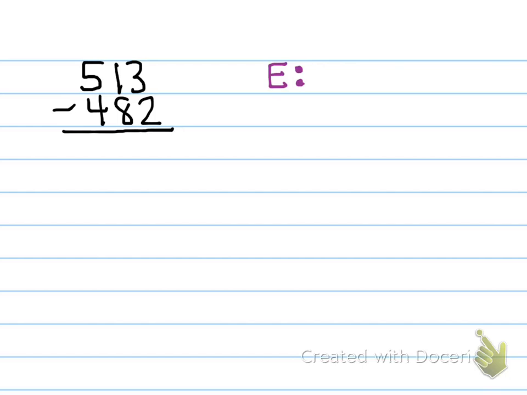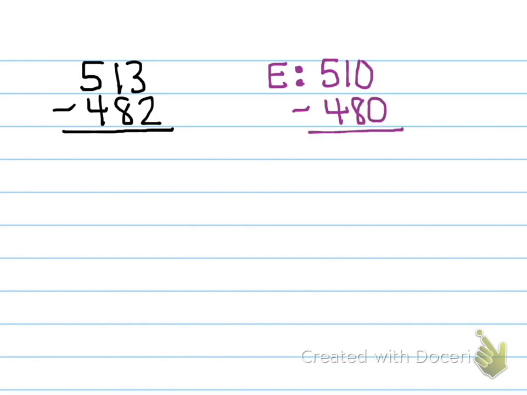So here's the second problem. I have 513 minus 482. I'm first going to estimate and say that I will take the 500 and round to the nearest 10, because I can't round both of those to the 100 or I'm going to get 500 minus 500. So I'm going to say 510 minus 480.